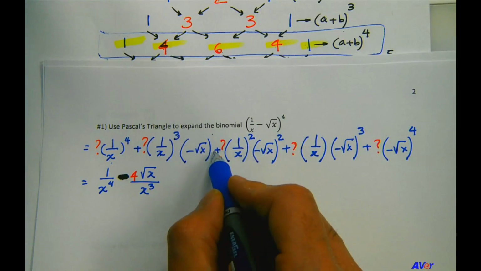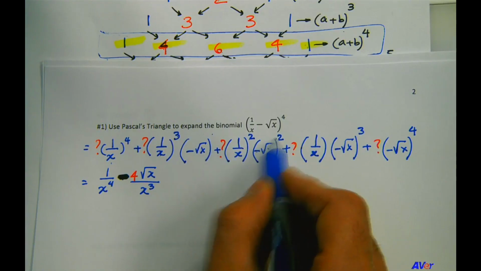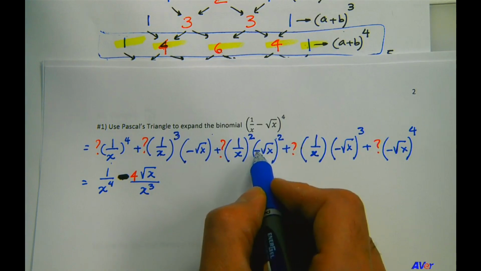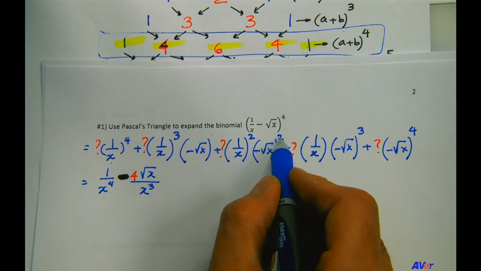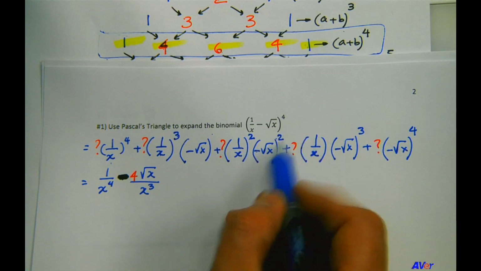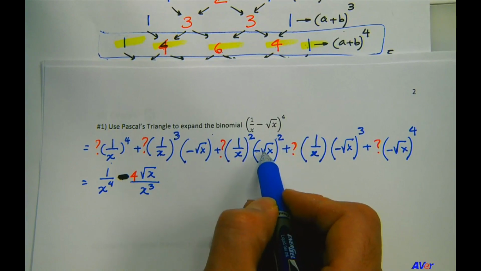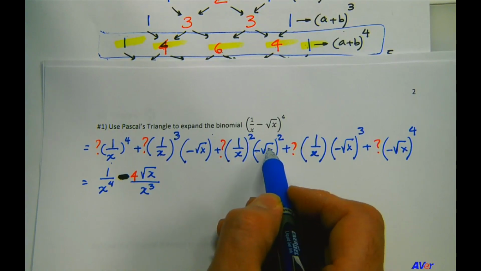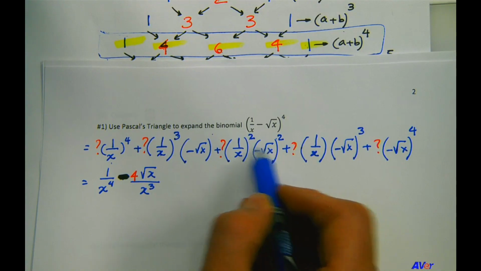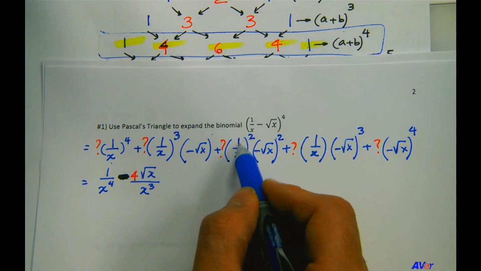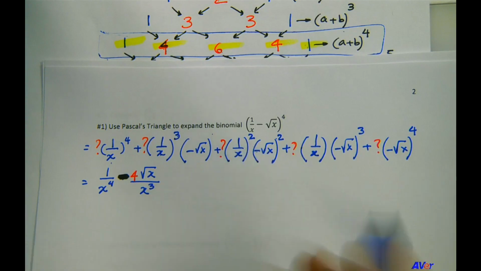It's going to stay positive because minus squared, it's going to drop out. It's going to be positive because this is an even power. So we're going to have square root of x minus square root of x squared. It's going to be positive x. Positive x times, I don't want to skip this step, so let me simplify in steps.